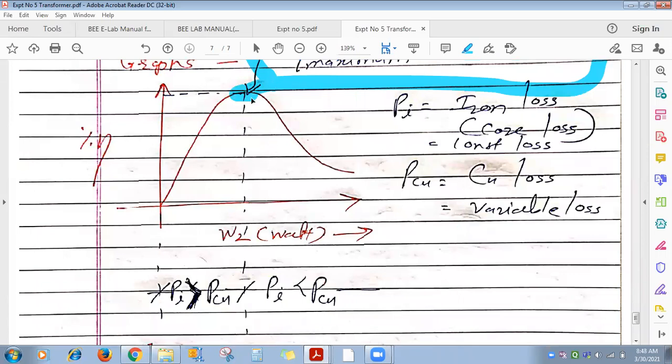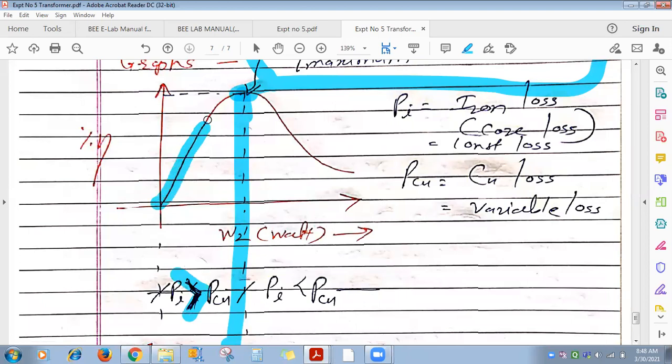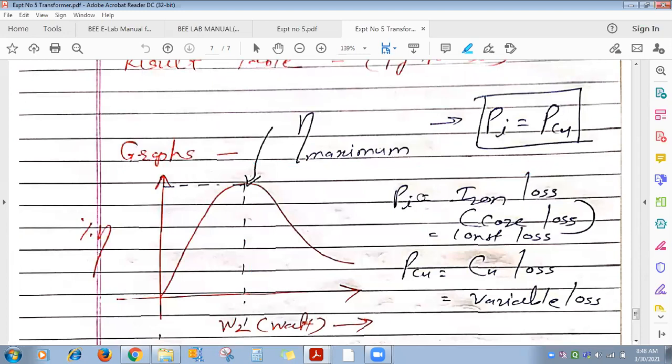Then obviously what is the case below this point? Iron loss is greater than copper loss, and that's why initially efficiency increases. When both the losses are equal, that is the maximum efficiency point. Beyond this point, you are still increasing the load on the transformer. So what will happen? Copper loss becomes greater than iron loss, and that's why efficiency starts decreasing. Okay, so why is the nature like this? This is the reason behind it.